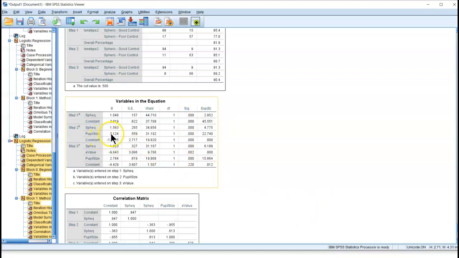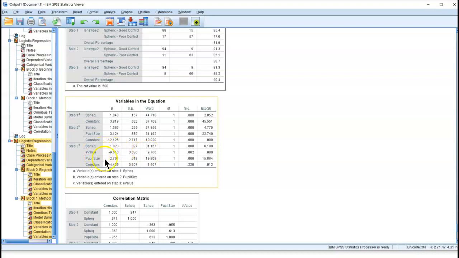When we had spherical equivalent and pupil size, our Wald was 31. The spherical was 34. When you added eccentricity, spherical equivalent dropped a little bit. Pupil size dropped a lot, and basically the E value gained it mostly out of pupil size. So we have those 2 variables.